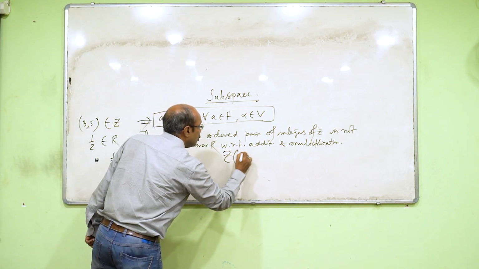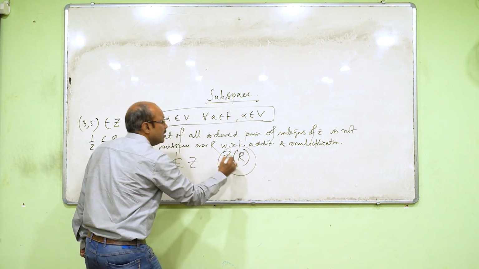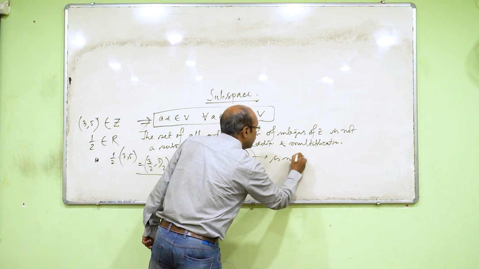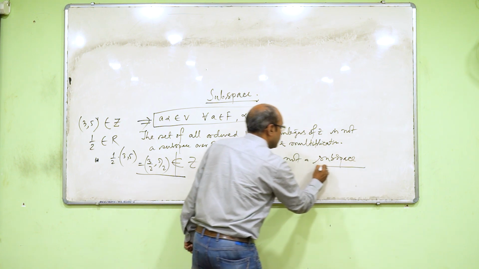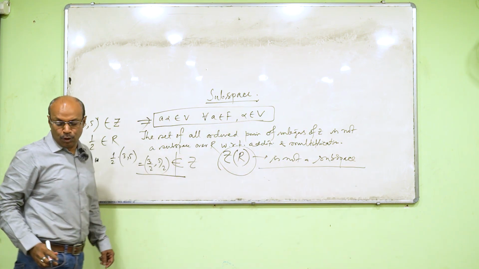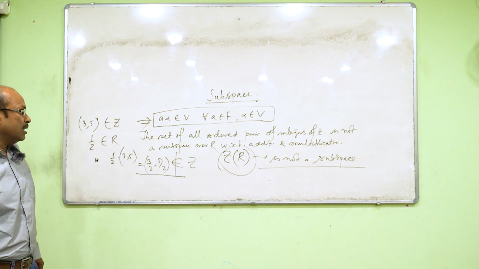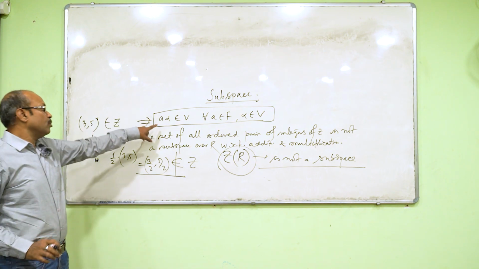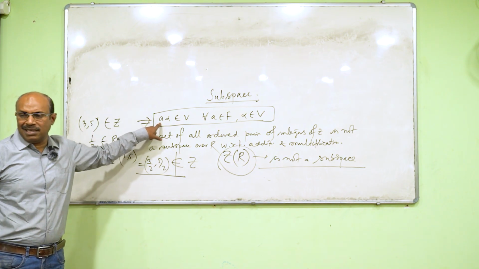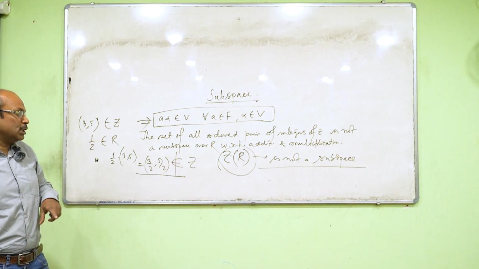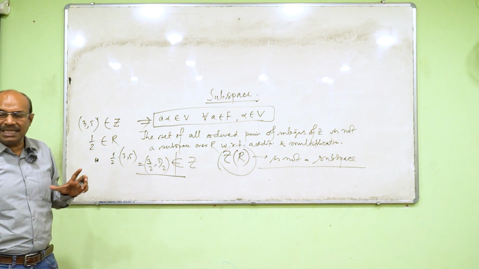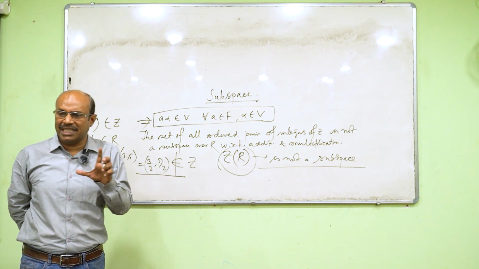So Z over R is not a subspace. We already know there are 10 properties in a vector space. A vector space is an algebraic structure which has 10 properties.